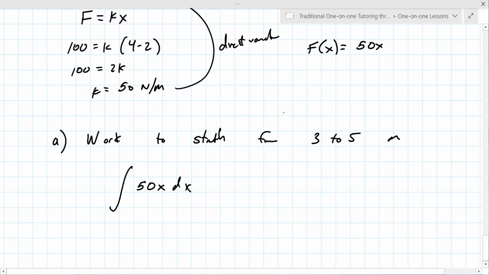Now you have to be careful because your unstretched length, your starting point, is 2 meters. So the bottom bound is actually 3 minus 2 to 5 minus 2, because it's really 1 to 3. Okay, the integral of 50x dx.